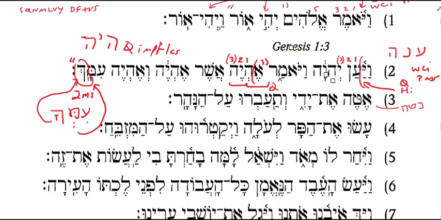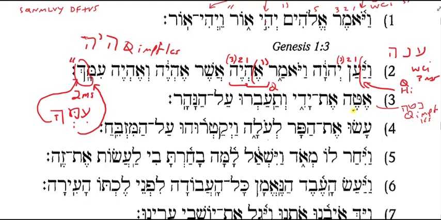So this is a 1CS form. The 3 hey still has the segol hey. It's not apocopated at all. And the noon has assimilated into the tav here. Okay, so it should have been ente, assimilation ete. This is Cal imperfect, 1CS.